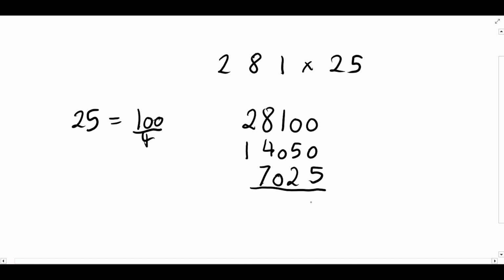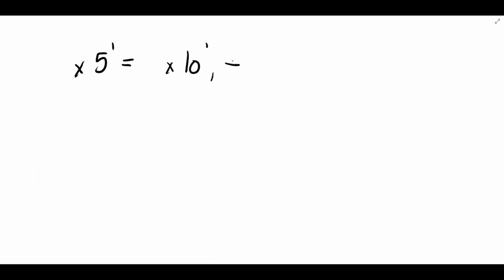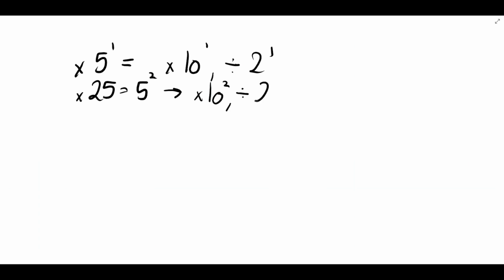And the same pattern can be followed for all powers of 5. So take 5 to the power 1. That means into 10 to the power 1, and then divide by 2 to the power 1. For 25, which is basically 5 squared, or 5 to the power 2, that would be into 10 to the power 2, which was 100 as I just showed, and then you divide by 2 to the power 2, or 2 squared, which is 4.